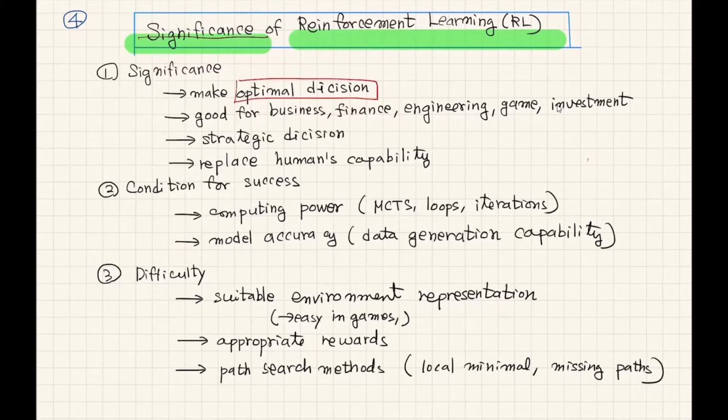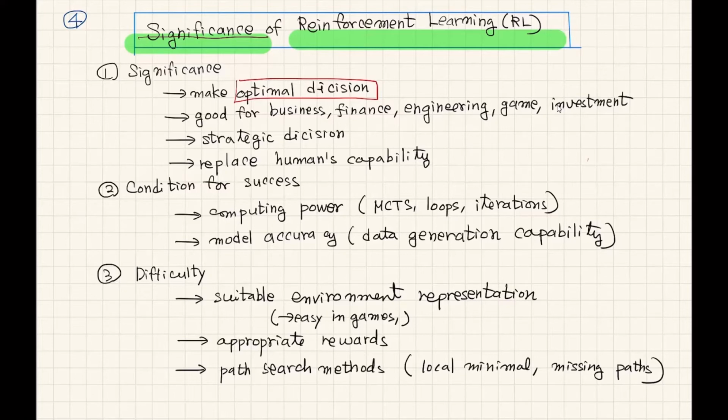In our life, there are many cases where we have to make optimal decisions. However, in cases like Go or an Atari game, or many cases in engineering or the game world, the problem is very, very complicated.